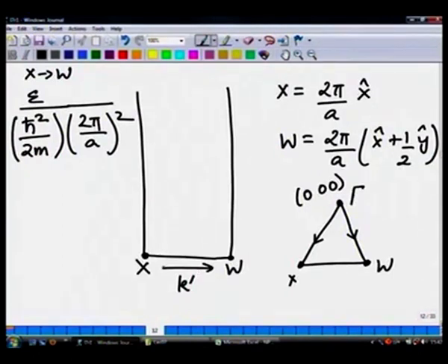At this point right here, or let us use a color, at this point this vector is the k prime vector at the X point, and at this point right here, corresponding to the W point, the k prime vector is this vector.